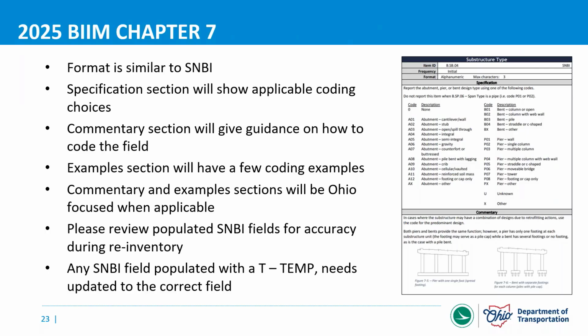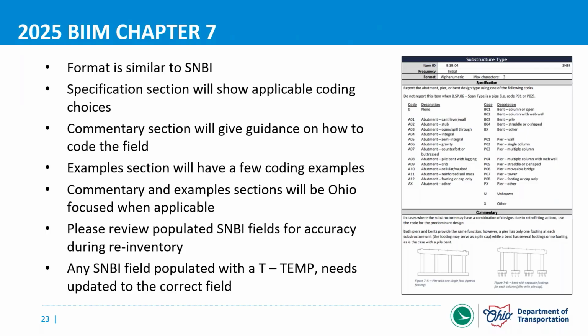Something to please remember is that we tried to populate as much SNBI as we could from the previous NBI, but just because a field's populated does not mean that it's accurate. So please make sure to review populated SNBI fields for accuracy. And then anything that came over with a T for temporary needs to be updated to the correct field.